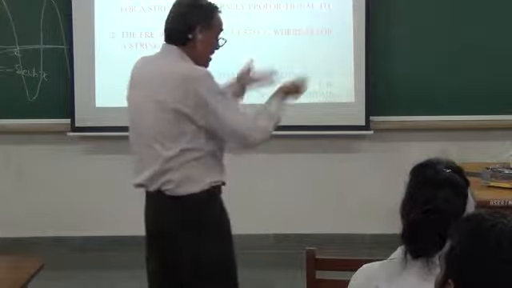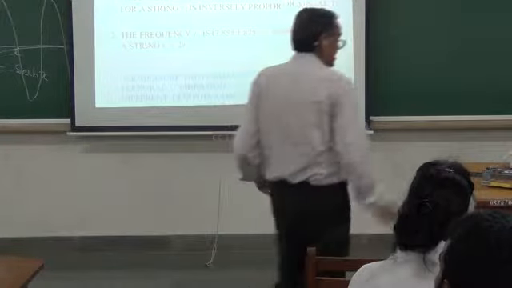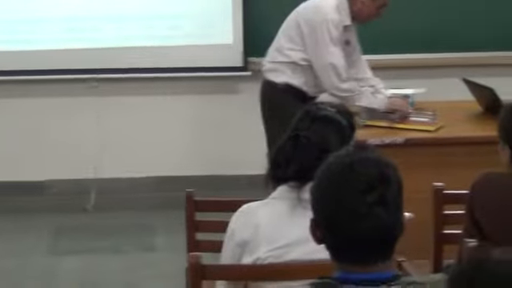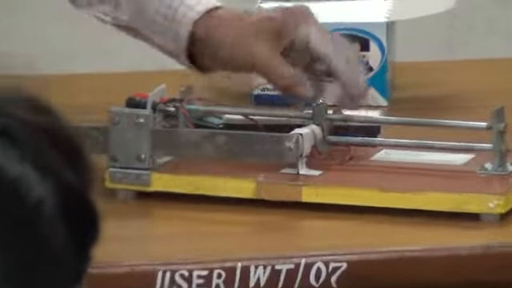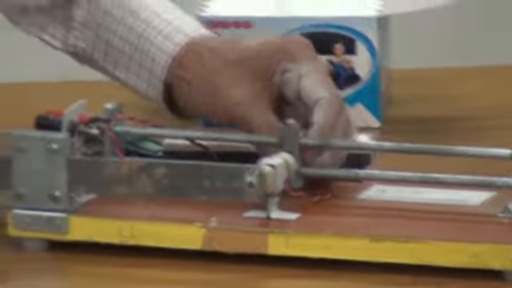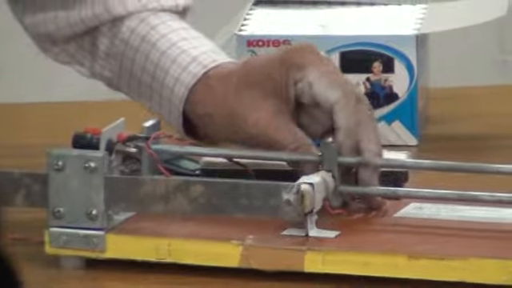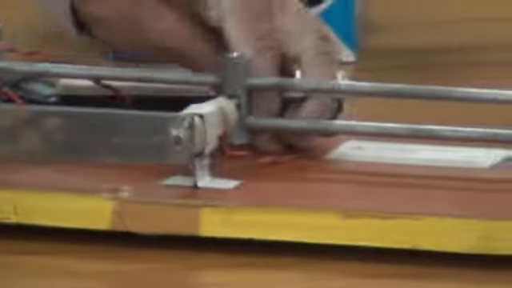I can't increase the current 36 times, but I can bring this closer so that the force increases. So I move it closer. But even so, I can't increase the force 36 times. I can increase it maybe 3-4 times.